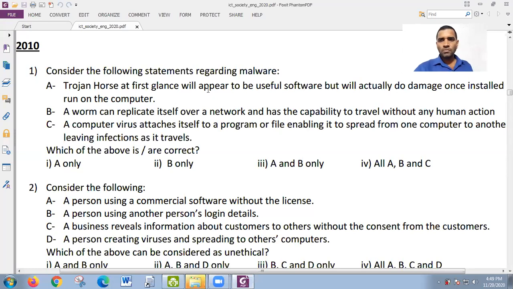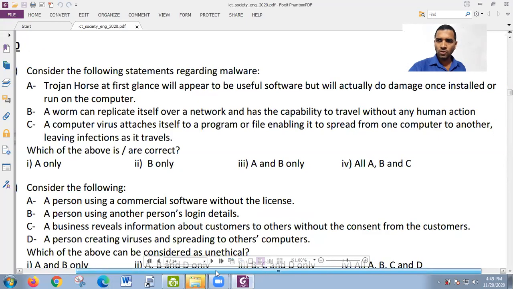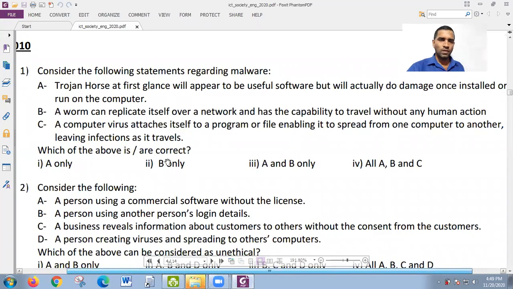Okay, take a look at this. Consider the following statements regarding malware. A. A Trojan horse at first glance will appear to be useful software, but will actually do damage once installed or run on the computer.